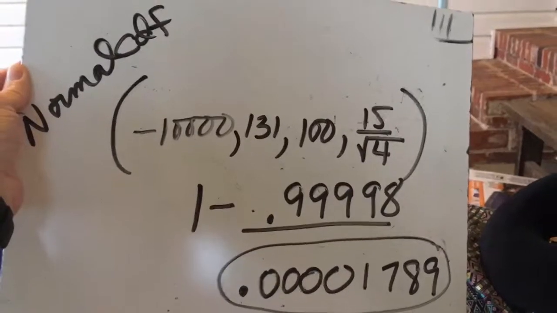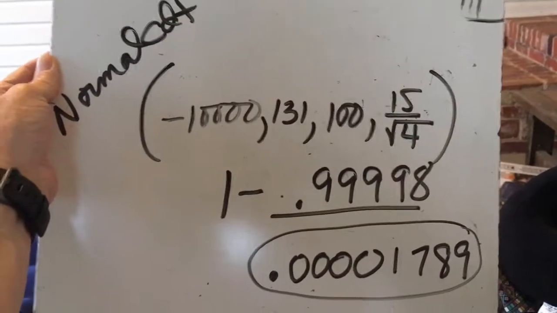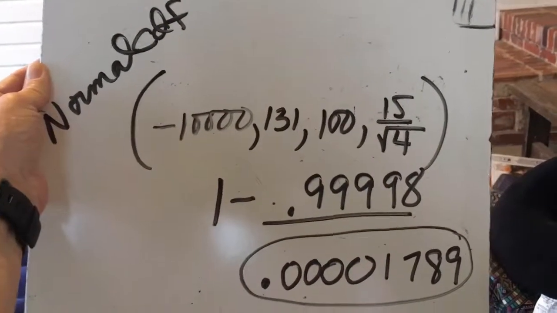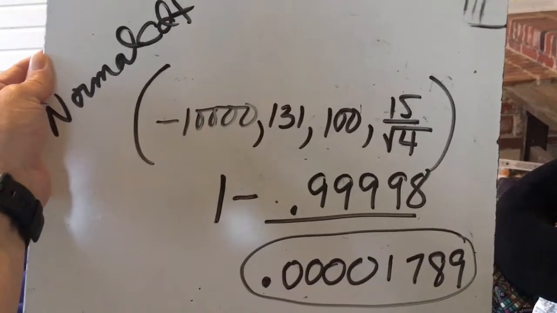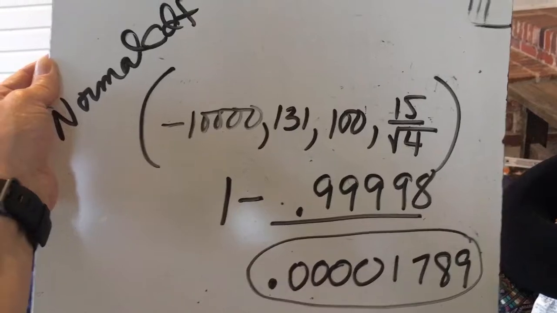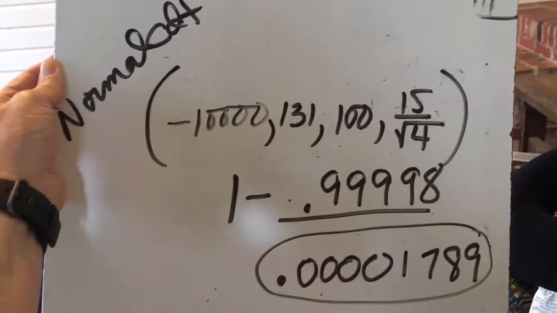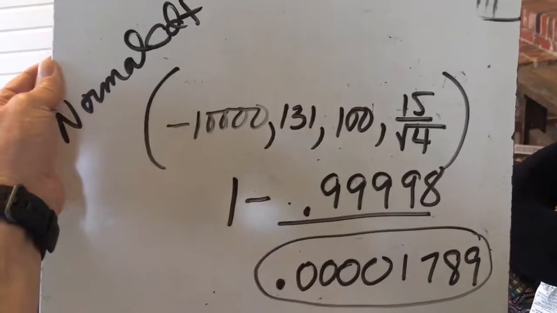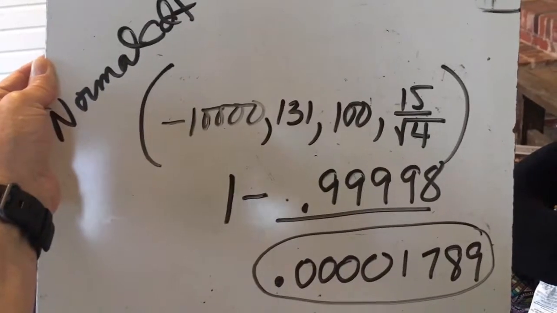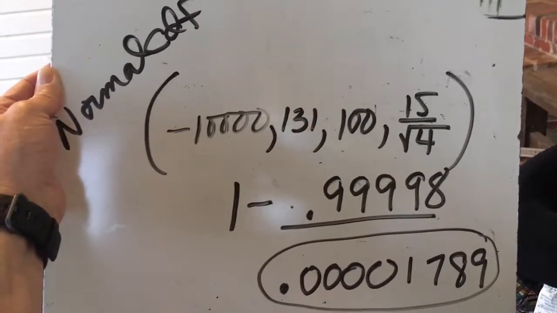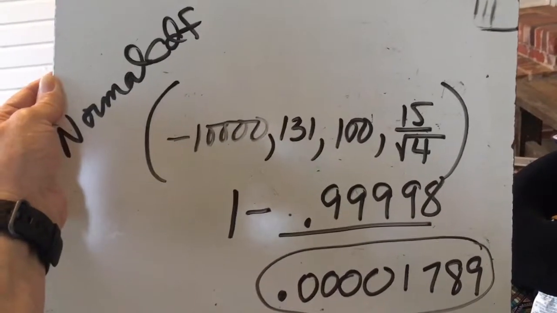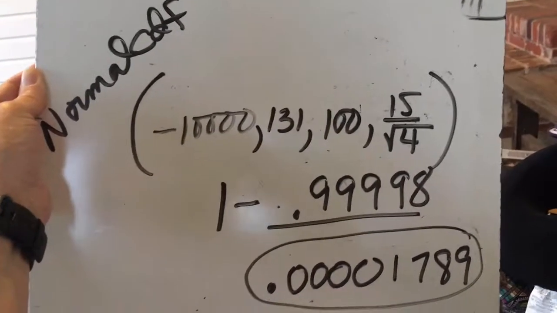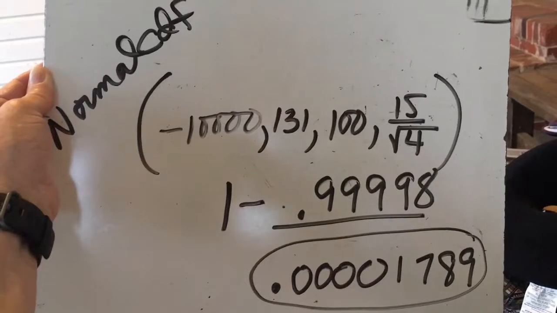We're going to use the normal CDF because we're going from a number to a probability. We're going to do negative 10,000 to 131, and we're looking for the probability of greater than 131, so we're going to have to do a 1 minus at the end of this. We're talking about 4 individuals and their mean, so we're going to use the population mean, 100, but then we're going to use 15 divided by the square root of 4, which is 15 divided by 2, which is 7.5.